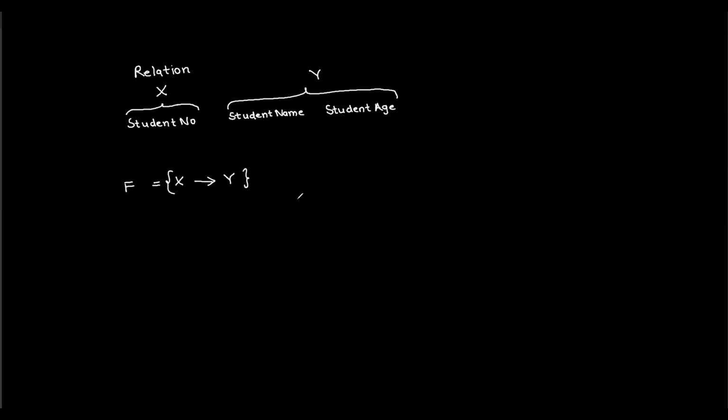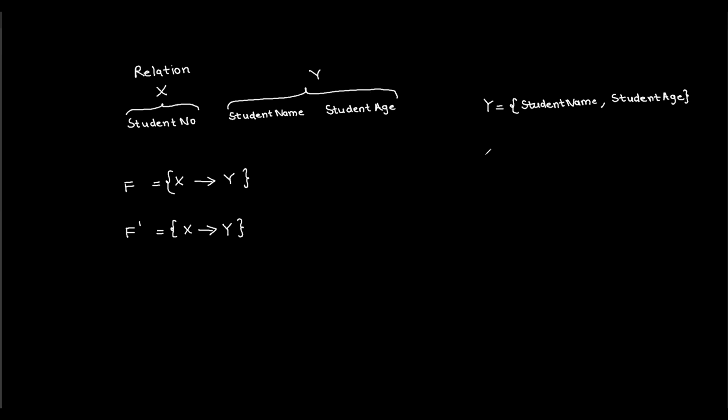So my question is, what is F dash? If you said X functionally determines Y is F dash, you're wrong. I already told you the first and foremost characteristic of a minimal set of FDs is the right side should have only one attribute. Y equals two attributes, student name, comma, student age. So this won't work.